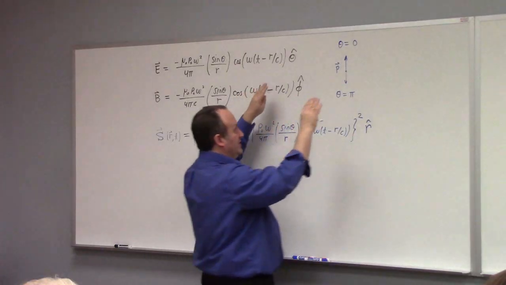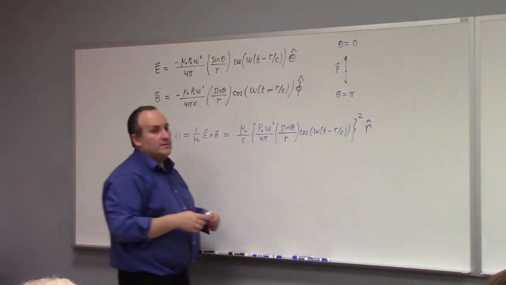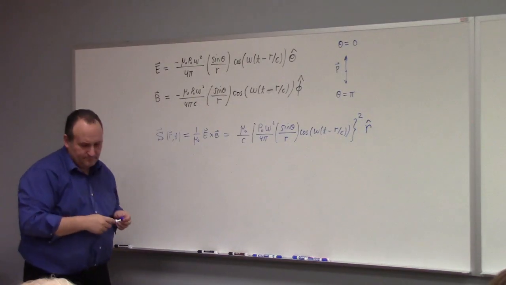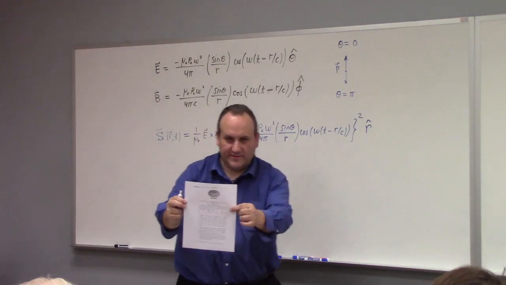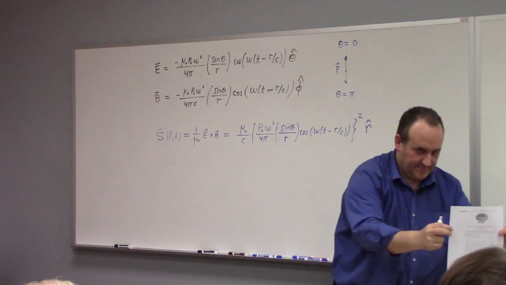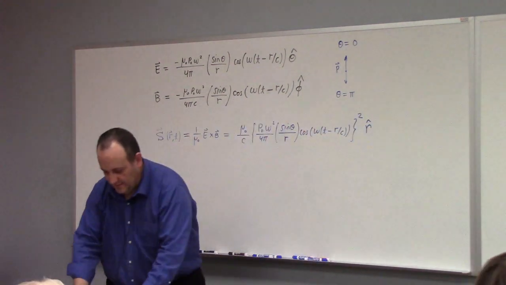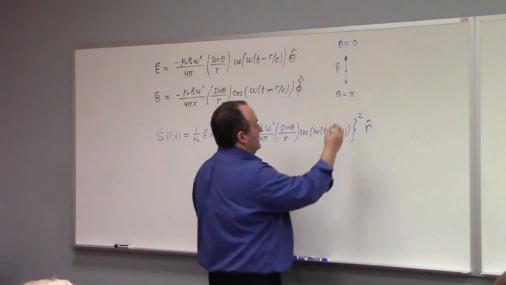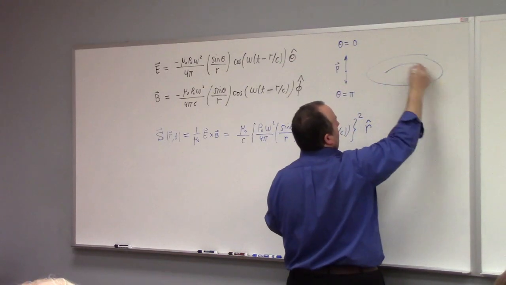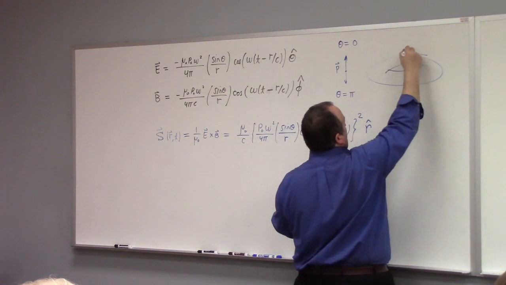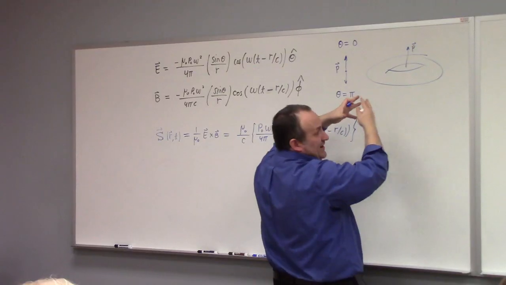So you end up with this power donut, but it's 0 in the middle. If I could draw the donut, the dipole is here, and the power is radiating in a sphere.